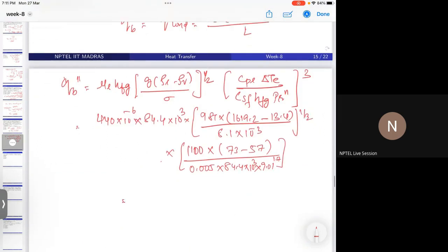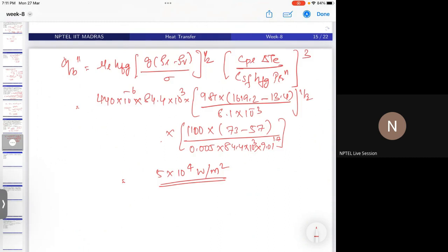If you do that, you will get the boiling heat flux. You can do the calculation later. It will be around 5 into 10 raised to 4 watt per meter square. This will be the Q for the boiling heat flux.